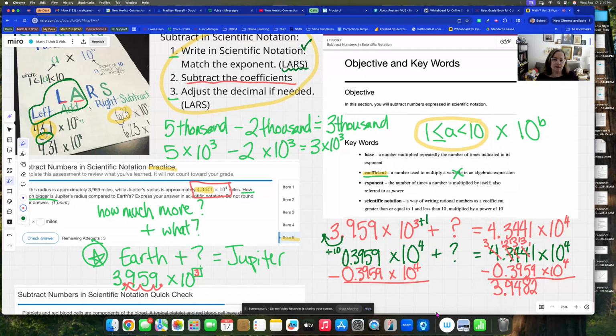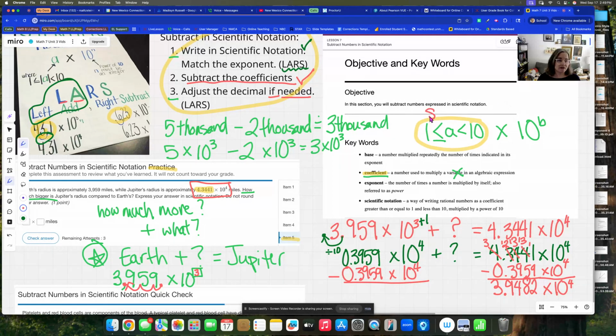All right. Okay. So now I have 3.9481. It is still 10 to the 4th power. Okay. So now step 2 is done. Step 3 says adjust the decimal if needed. Okay.